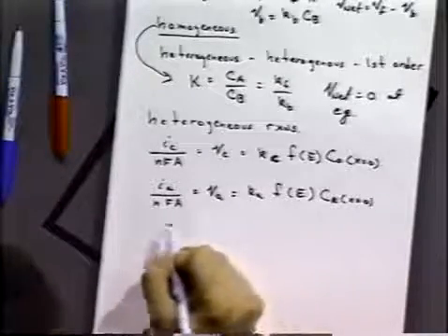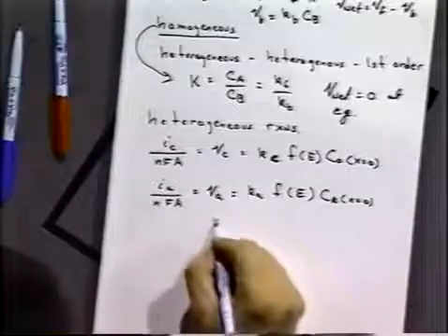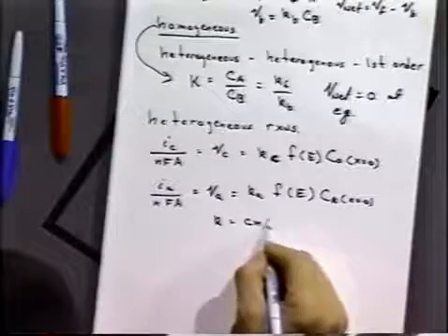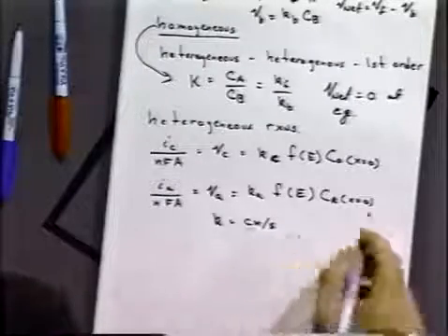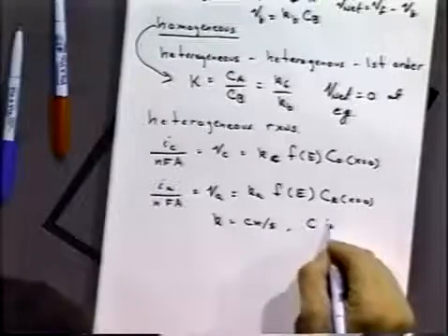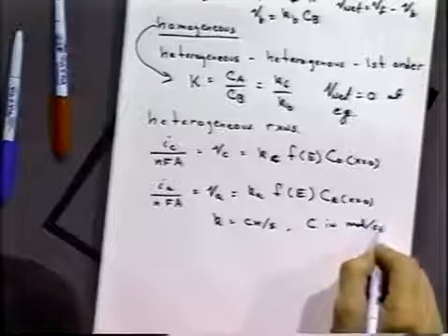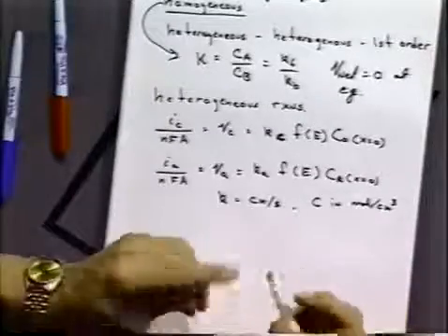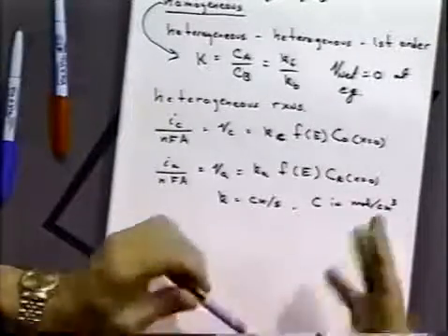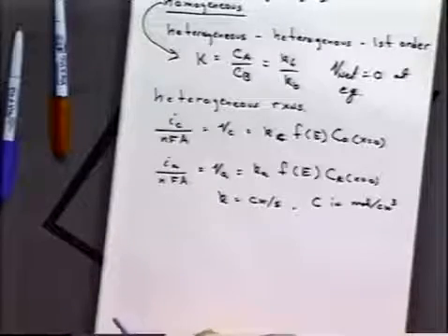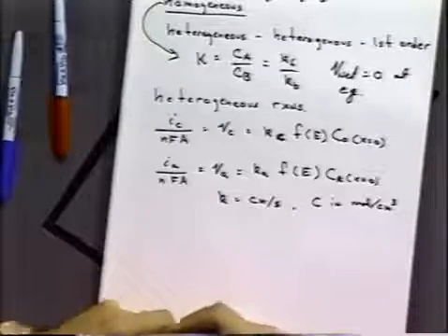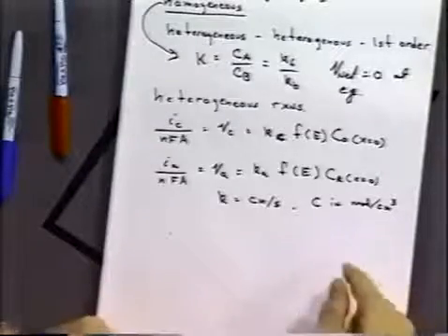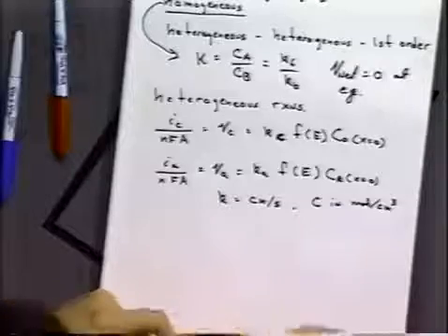Now for all of these cases, the rate constant is going to be in centimeters per second, and the concentration in moles per cubic centimeter. Usually, when we do analytical chemistry, we're talking about moles per liter. Now, moles per cubic centimeter is a smaller amount than moles per liter. Moles per liter would be moles per cubic decimeter. So concentration is generally a factor of 1,000 smaller in numbers.